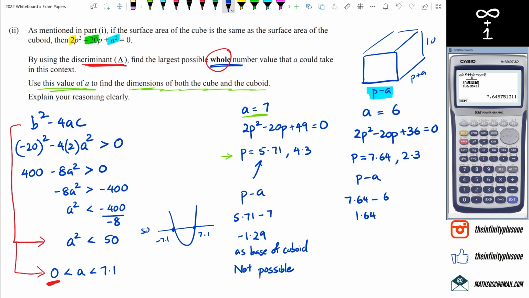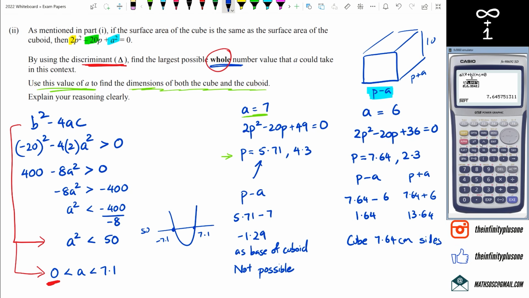Then we've got p plus a, which is 7.64 plus 6, which is 13.64. So if it's a cube, the cube would be 7.64 centimeters on all sides.